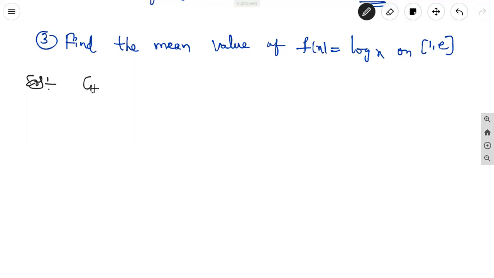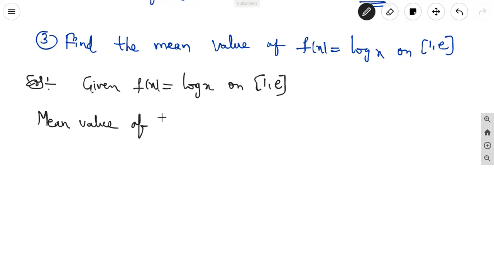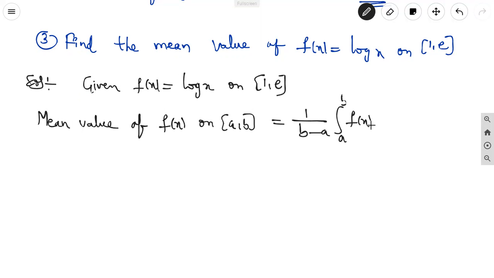Solution: given f of x is equal to log x on the interval 1 comma e. We know that the mean value of f of x defined on a comma b is equal to 1 by b minus a integral a to b f of x dx.